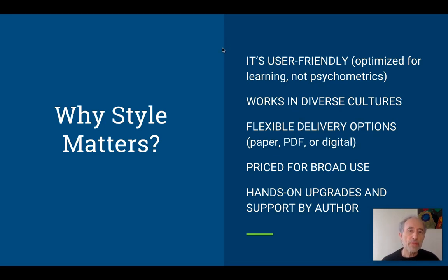One of the commitments that we made in developing Style Matters was to develop something that is optimized for learning rather than psychometric purposes. We did do psychometric testing for Style Matters, and we adjusted wording to get things to a level of acceptable statistics for psychometric purposes.